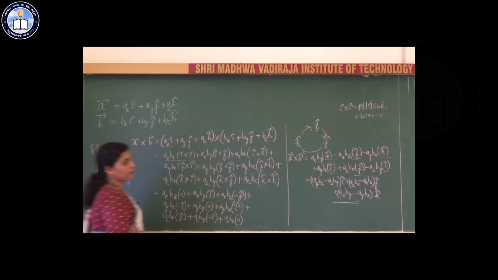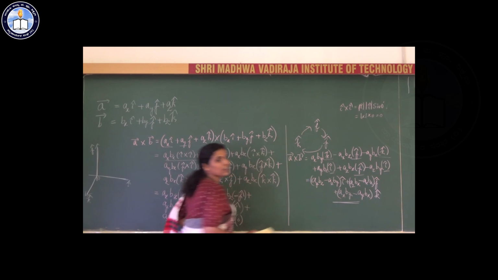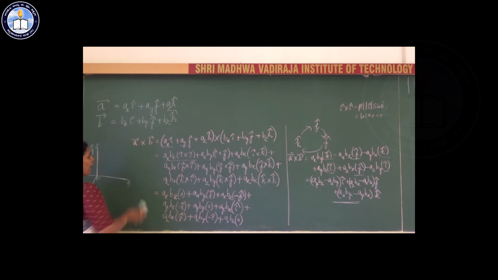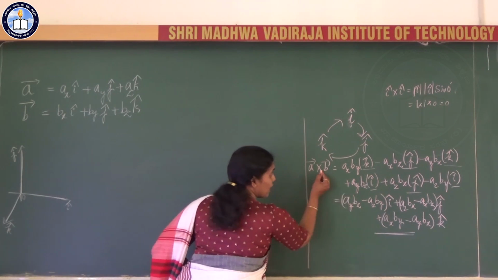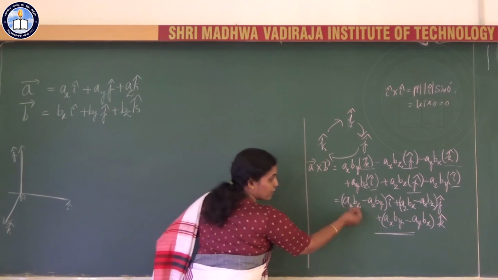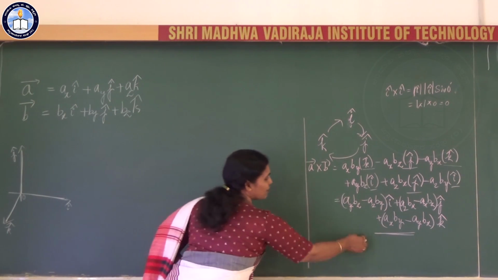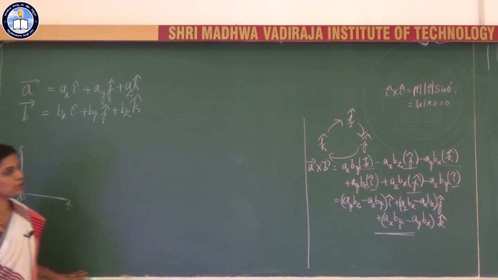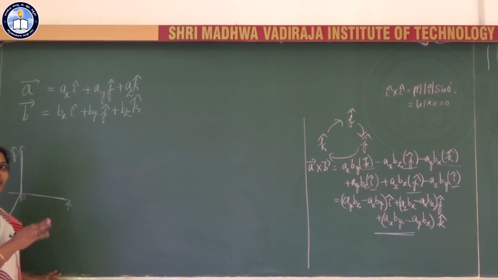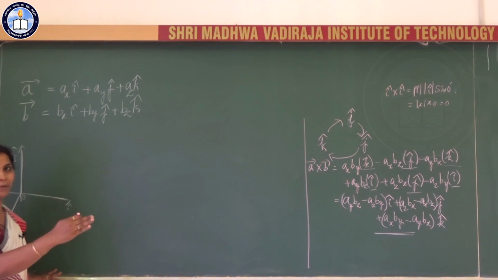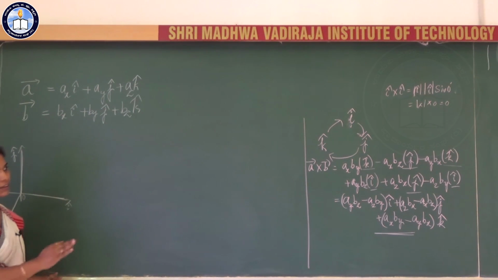Now, remembering and writing this is a bit tedious for you. This is the answer of A vector cross B vector, and remembering it will be tedious. So, to get the cross product in terms of elementary things, we use a determinant form.